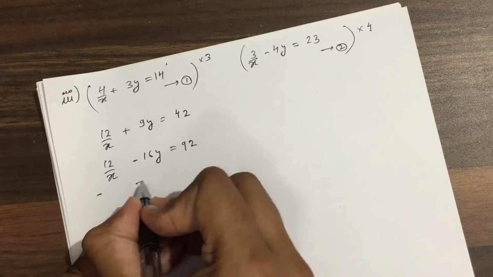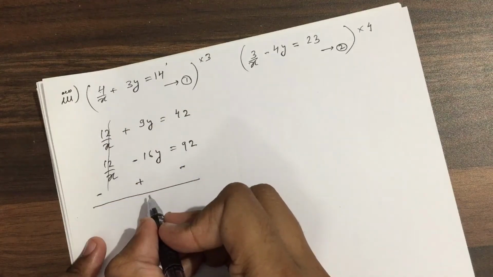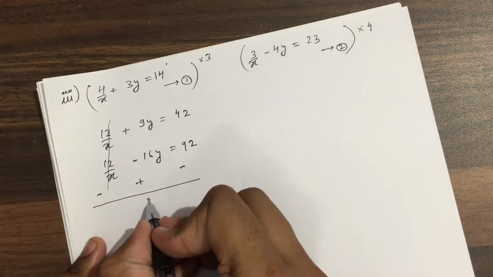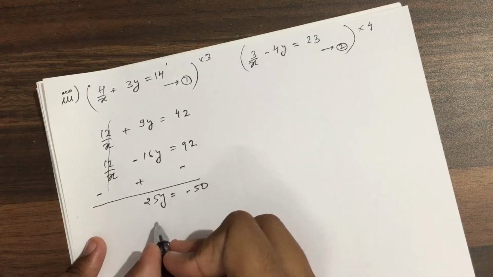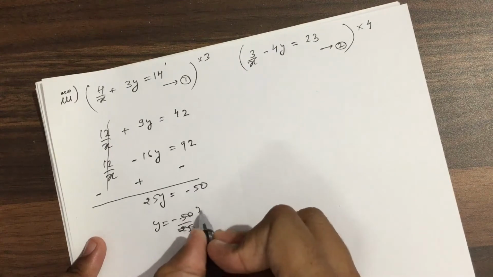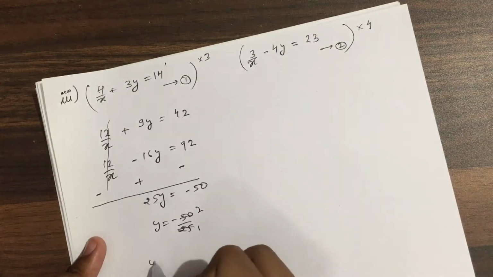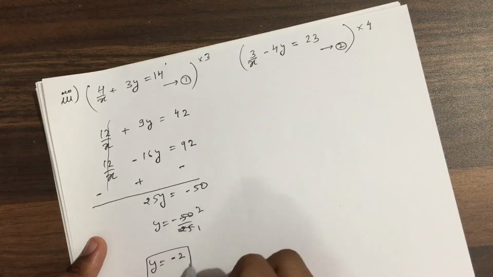Now subtract, signs will change. This will be cancelled. This will become 25 upon y equal to minus 50. This will give you y equal to minus 50 upon 25. 1 times, 2 times. This will give you y equal to minus 2.